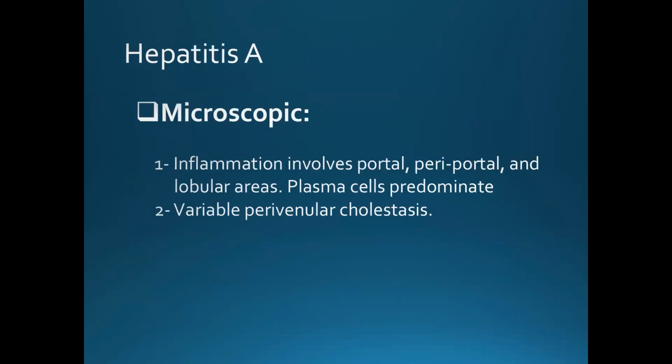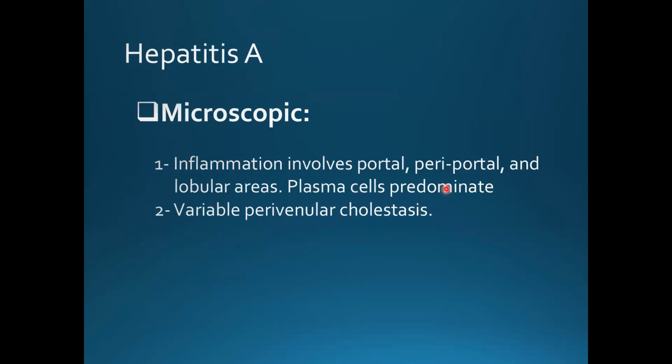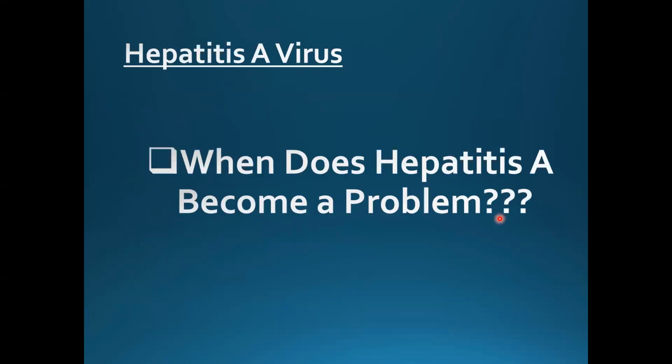And when you look at hepatitis A under the microscope, you will see portal, periportal, and lobular areas. Remember the cells that are going to be the plasma cells in that region. You may see also some cholestasis here and there.